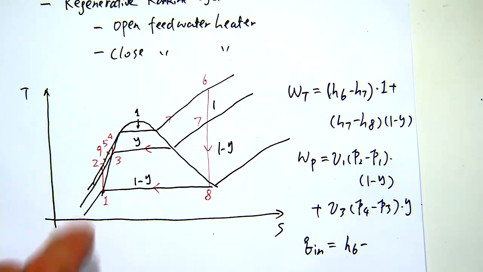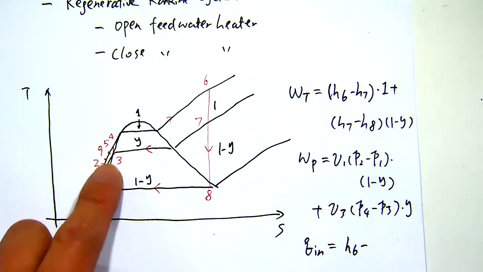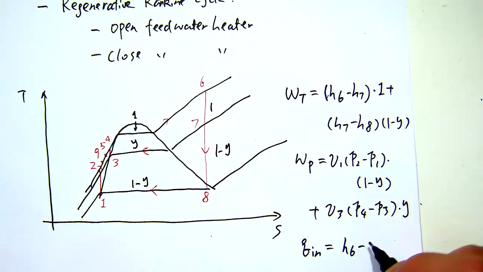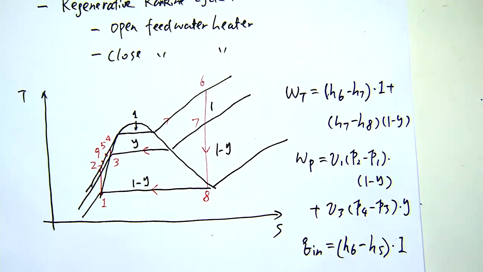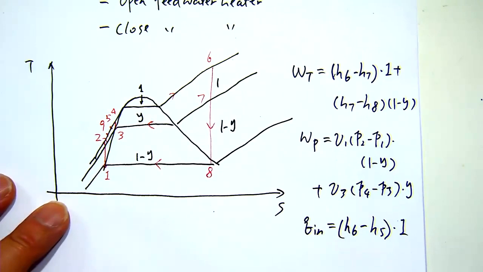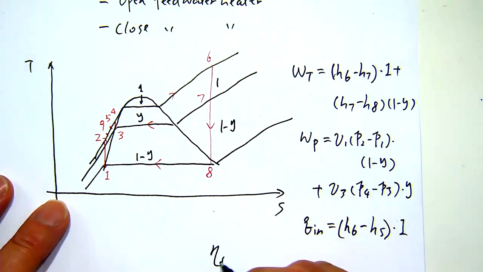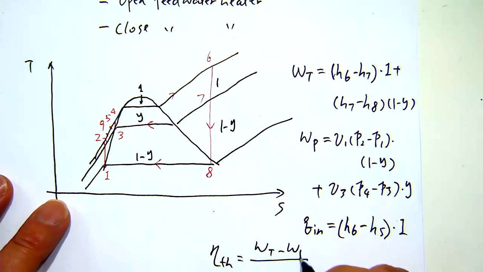So the 5 is somewhere in the middle. So that's H6 minus H5, times the mass fraction of the combined, which is 1. All right. So then the efficiency, just as we wrote before, is W_T minus W_P over Q in.